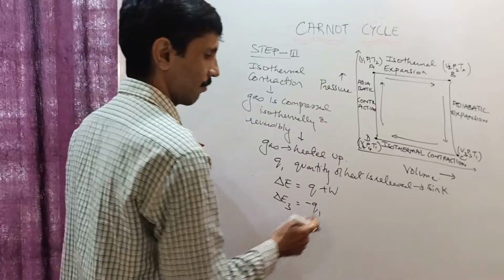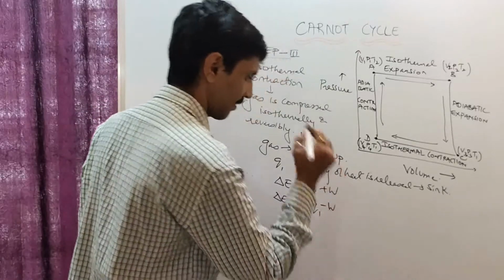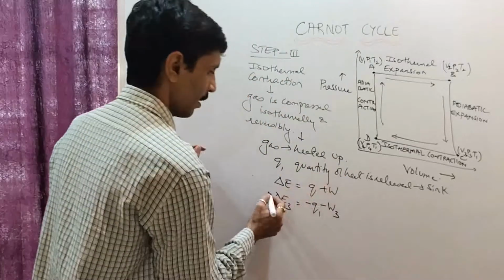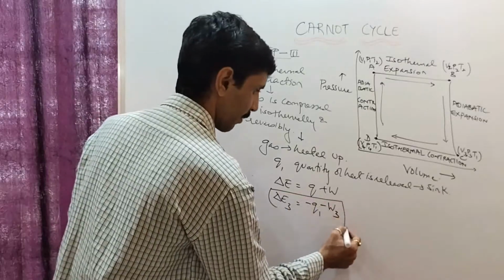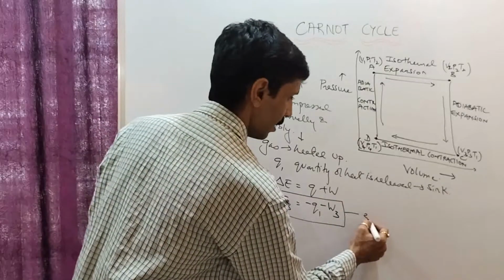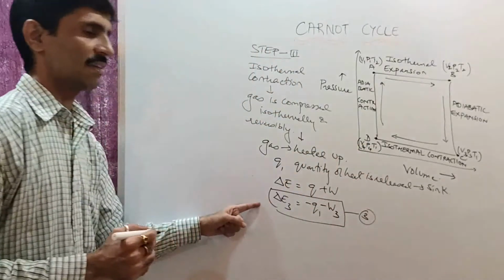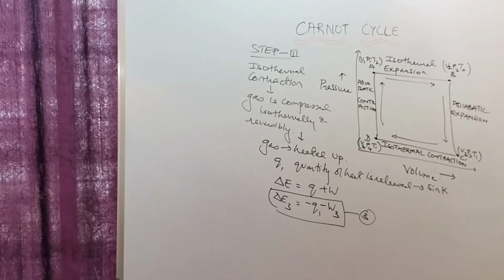The work is done by the system, so we say here minus W3. So this is, my dear friends, the expression for the third step. That is, delta E3 is equal to minus Q1 minus W3, and this particular step is known as isothermal contraction. I hope you have understood up to this very well.